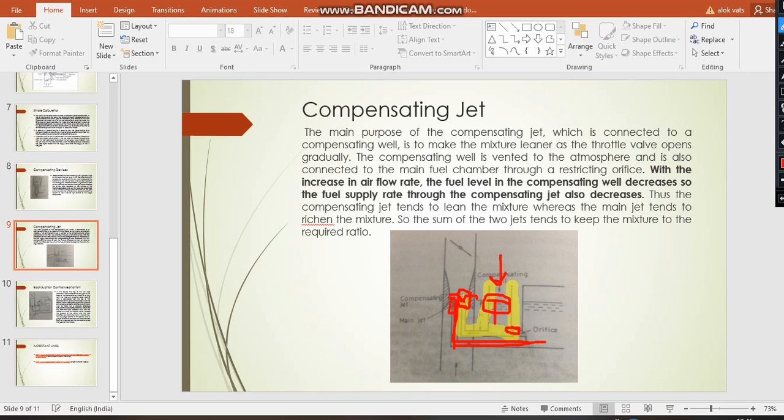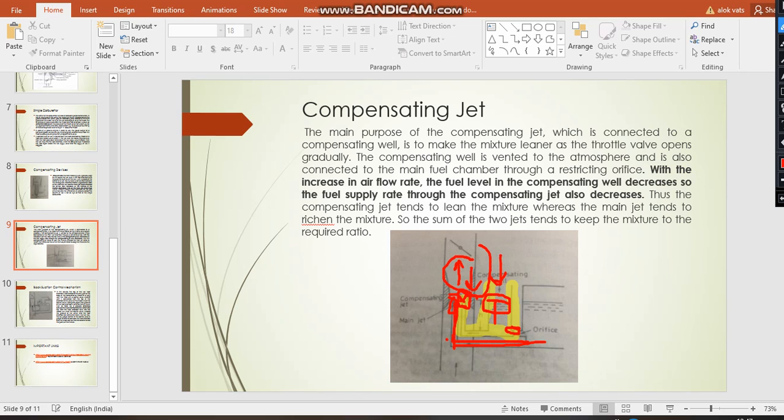Since the fuel supply rate goes on decreasing as the air flow rate increases, the air flow rate and the fuel supply from the compensating jet are in inverse proportion. This we have to note first.